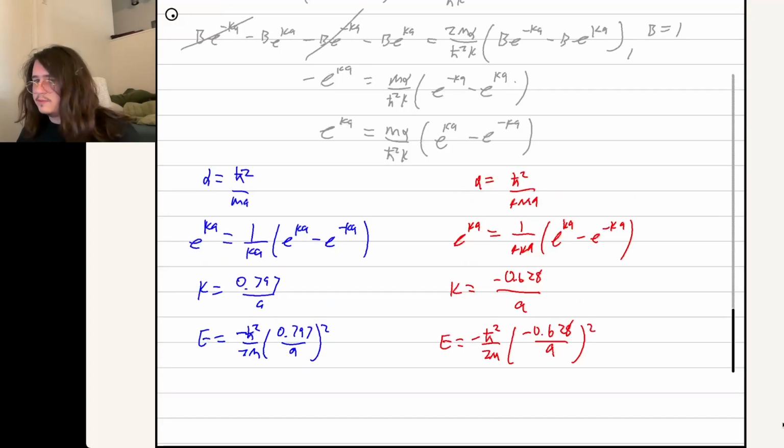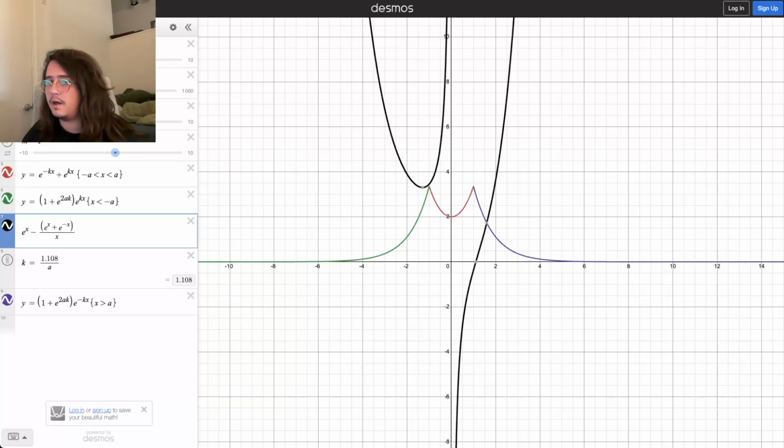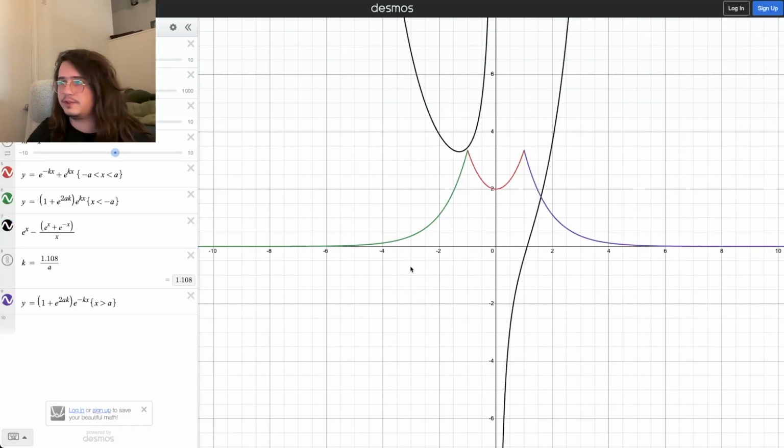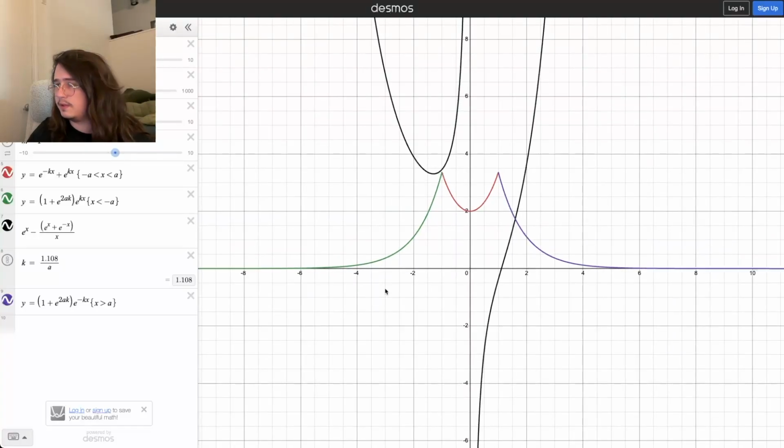Now let's actually plot some wave functions. All right, so this is a Desmos page. First of all, I'm going to show you how I actually found what values of k to use. So right here is the equation which we solved to get k in the even solution for alpha equals h bar squared over ma.